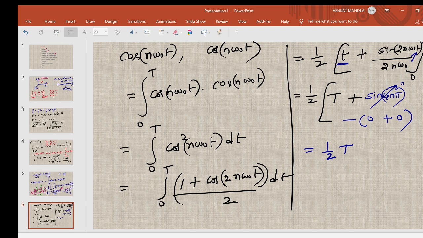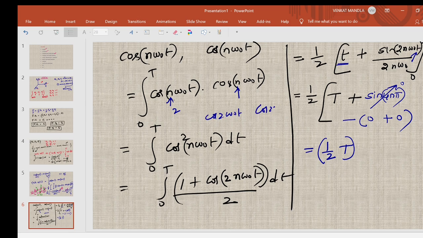So if you integrate these two signals which are both the same, say n equals 2, cos 2 omega naught t and cos 2 omega naught t, you will get a constant which is T by 2. It is not 0 because these two are the same signals, not orthogonal signals.